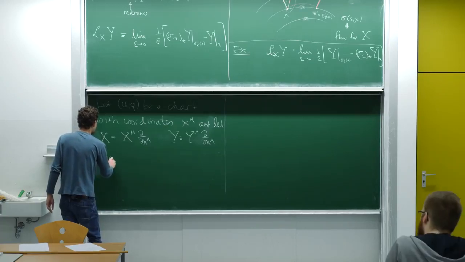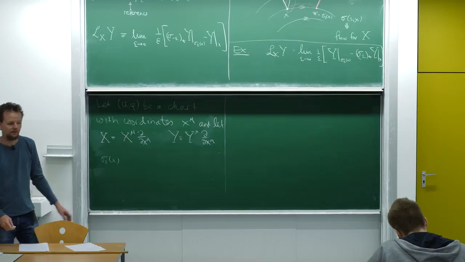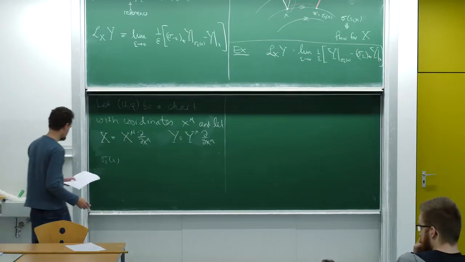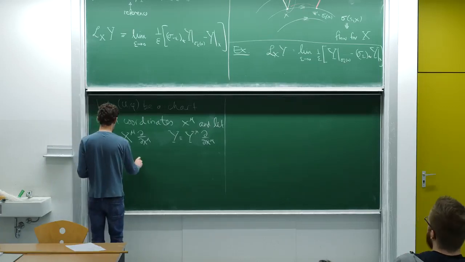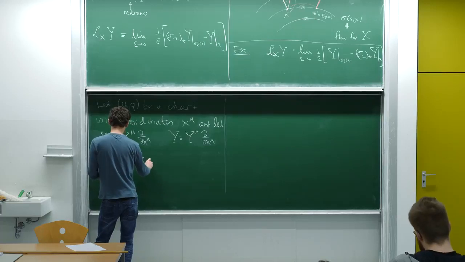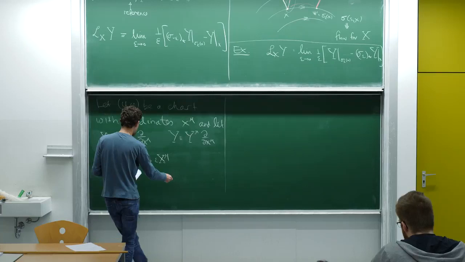The first thing we'll need is what is the flow sigma epsilon x? What's that actually equal to when epsilon is small? Well, that we can work out just by solving the integral curve equation to first order by iteration, or expanding the exponential, if you like.